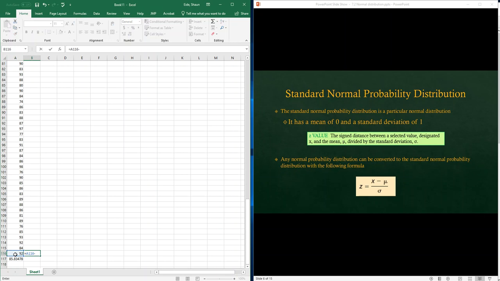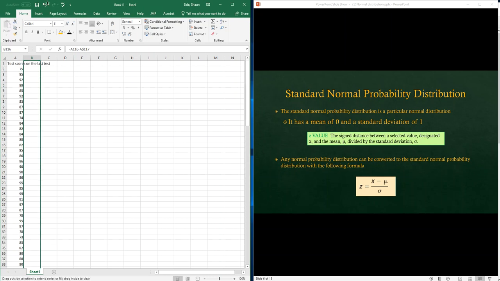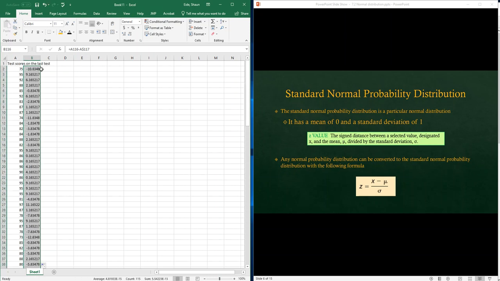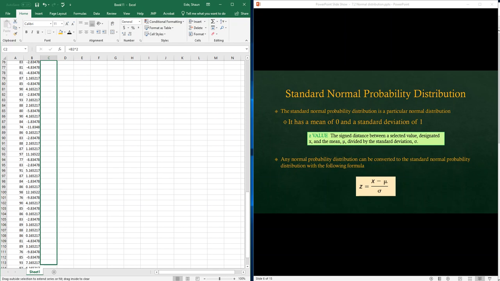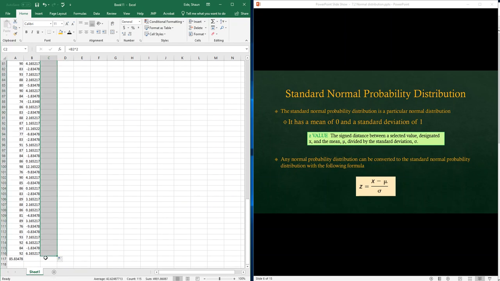minus each value, let's see here, that is the deviation from the mean. Okay. And so in order to get to the standard deviation, we need to square all of the deviations from the mean.